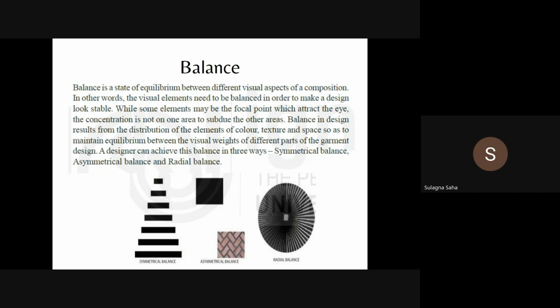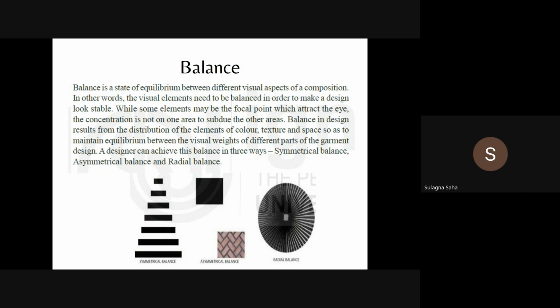Some elements may be the focal point so that it attracts the eye, and it might also subdue the others, but the balance has to be done in such a way that a proper distribution of elements like color, texture, space, so that equilibrium is achieved through visual ways.